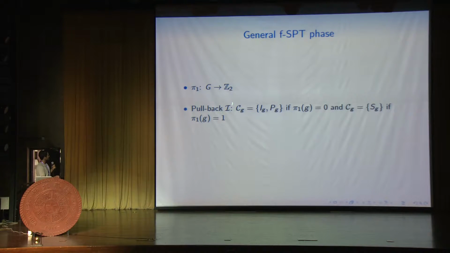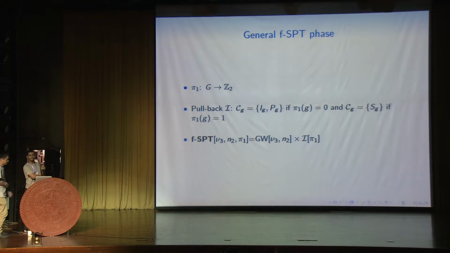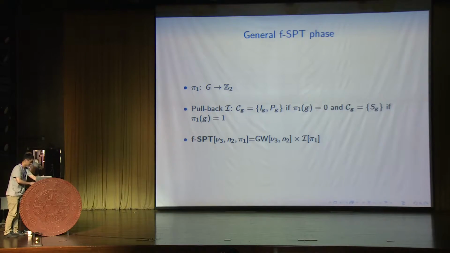Now pull back Ising along it. This gives us a category in which there are two simple objects with G maps to 0. So ultimately the fermionic SPT phase is given by the product of Gu-Wen and the Ising pullback.